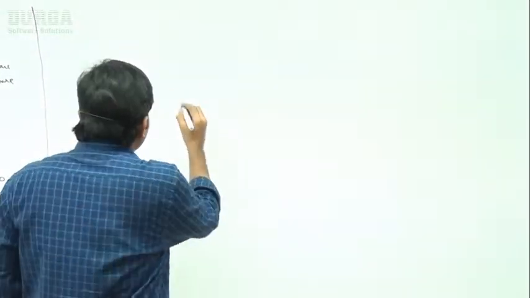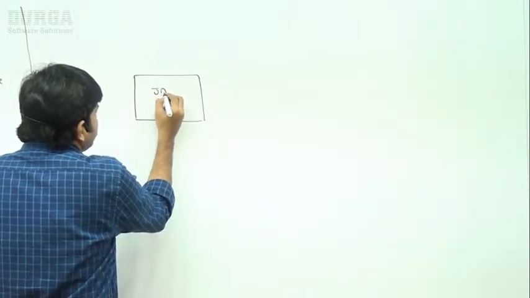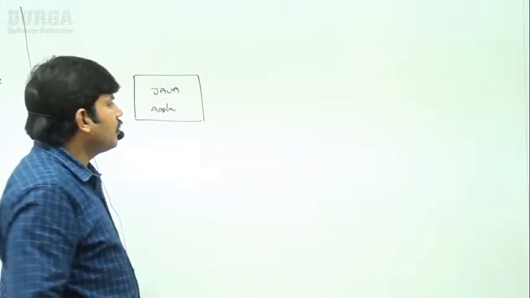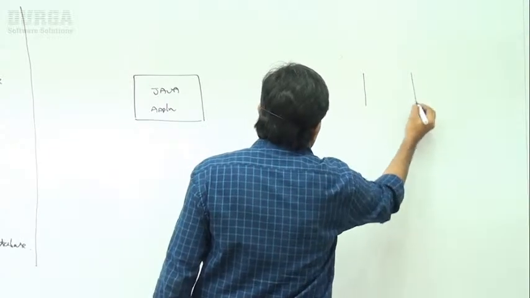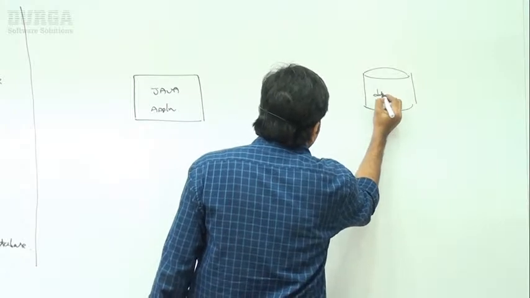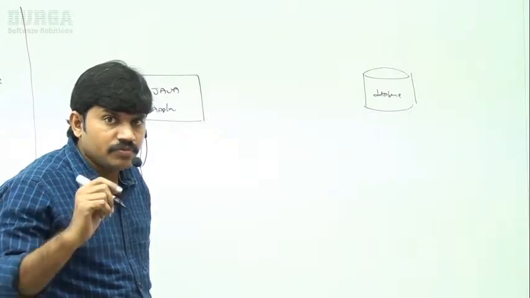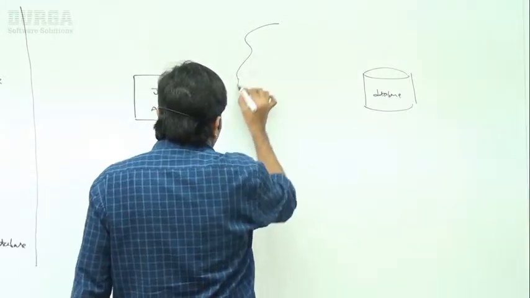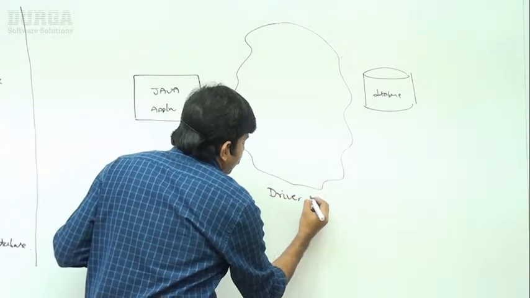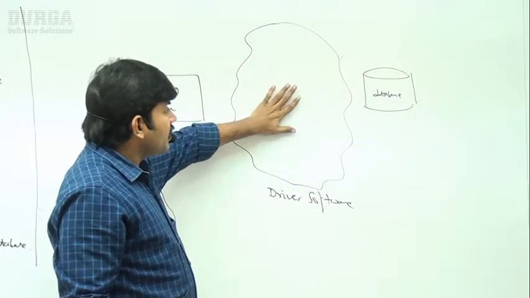Here I have a Java application, and this Java application wants to communicate with the database. If a Java application wants to communicate with the database, which thing must be required? Driver software must be required. Remember this one. I covered it already.